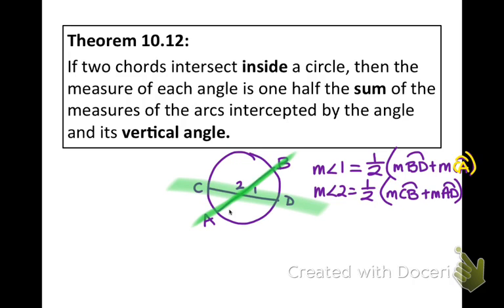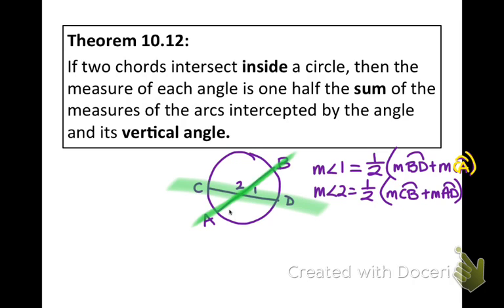So now I've got 3 locations of our vertex. Vertex in the center, equal. Vertex on the circle, double or half. Vertex inside, it's half the sum of the 2, because now you have 2 intercepted arcs created.